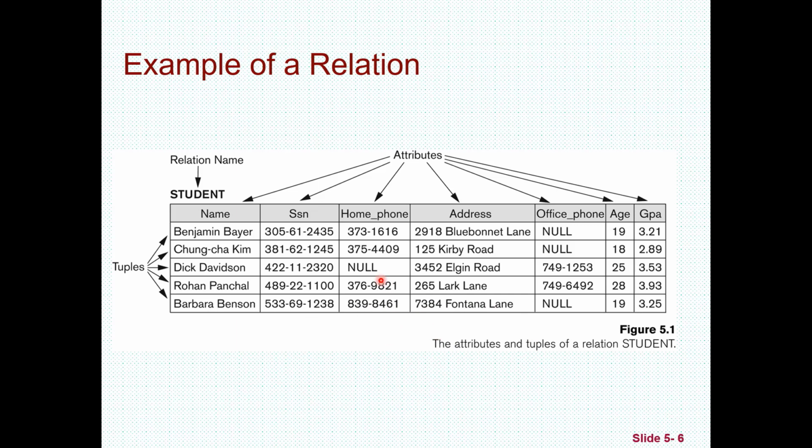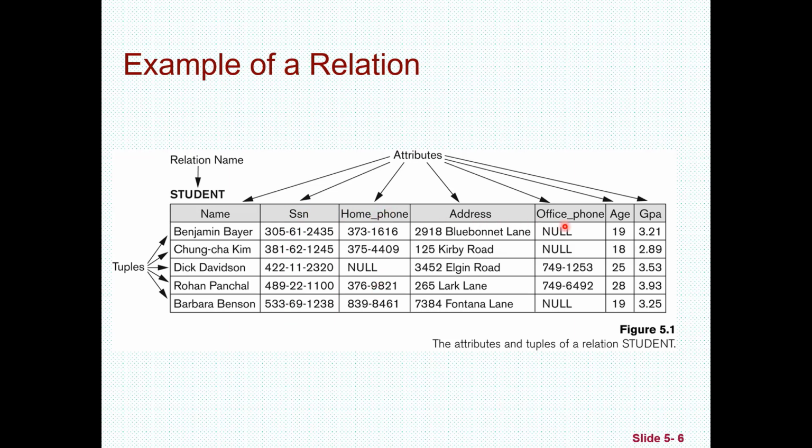Let us look at this example. እዚህ ላይ እነዚህ ኔም፣ ሶሻል ሴኩሪቲ ነምበር፣ ሆም ፎን፣ አድሬስ፣ ኦፊስ ነምበር፣ ኤጅ፣ ጂፒኤ these are attributes. They are column headers. For this column the column header is name, and for this one the column header is social security number, and for this one column header is home phone, and so on and so on.